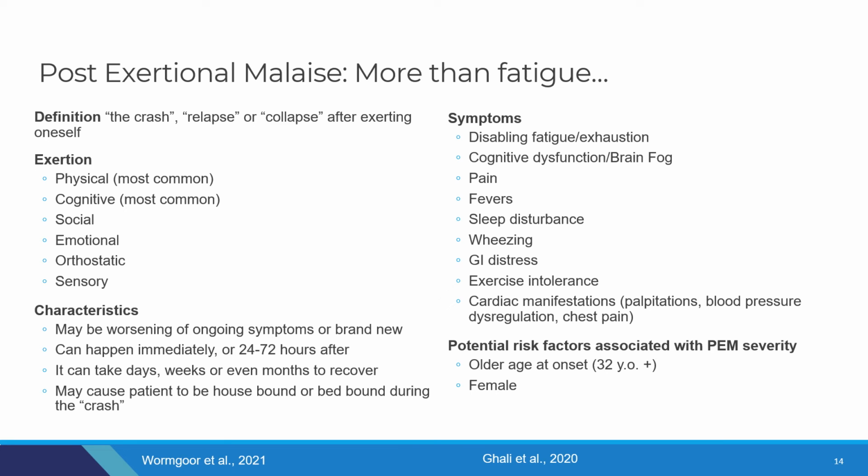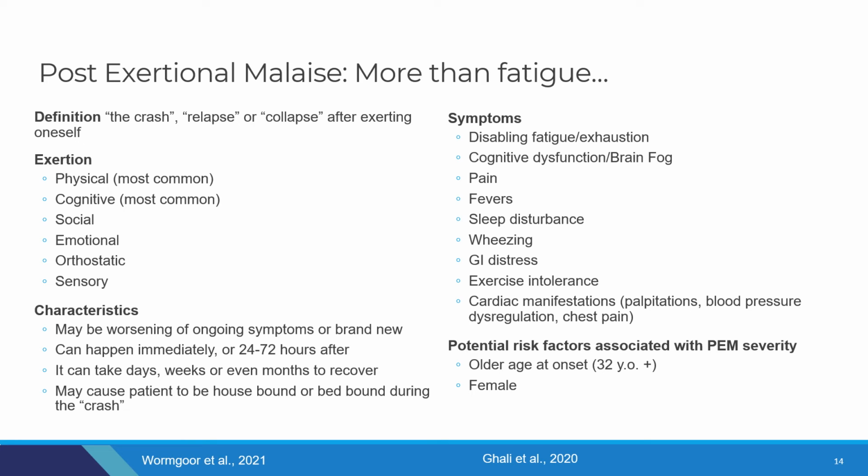Post-exertional malaise is another post-COVID condition with a constellation of symptoms as seen on the right of the slide. The distinguishing factor that makes these symptoms due to post-exertional malaise is that they specifically come after a type of exertion. The most common types of exertion are physical and cognitive, but exertion can fall into a plethora of categories.